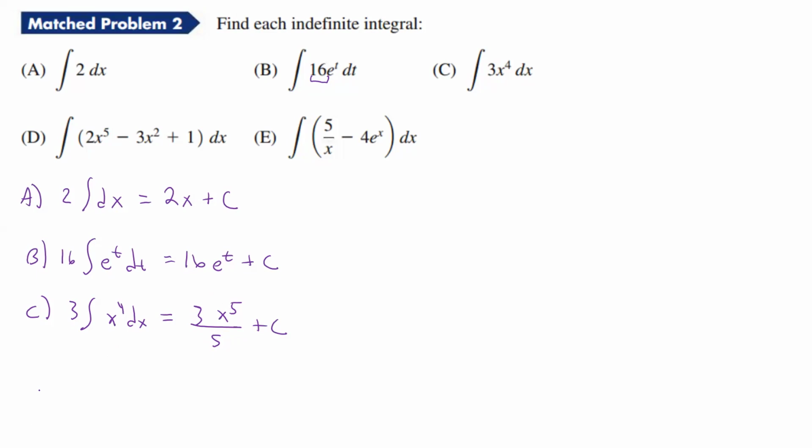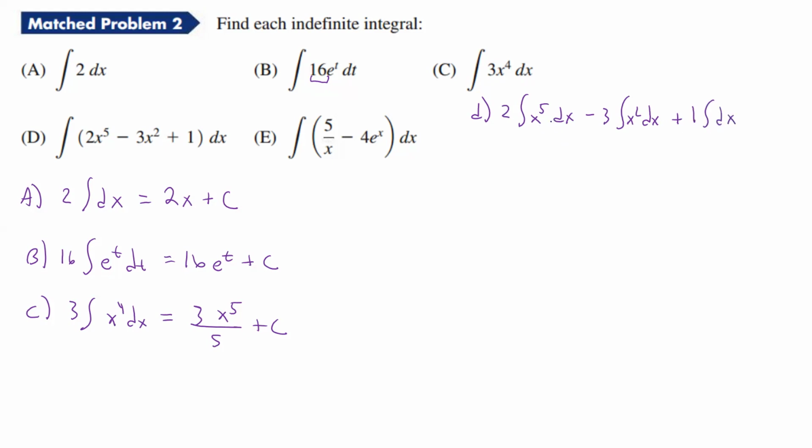Okay. All right, D looks like it's going to take a little more space, so let's go up here and do D. Now that's a difference, and then that's a sum. We've got some constants here, so let's pull those out. We'll have 2 times the integral of x to the 5th dx, minus 3 times the integral of x squared dx, plus 1 times the integral of dx.